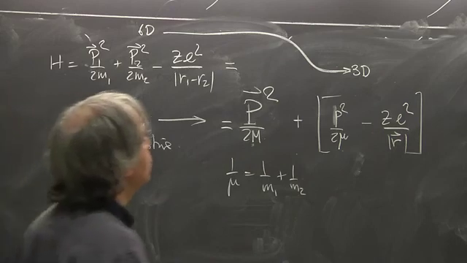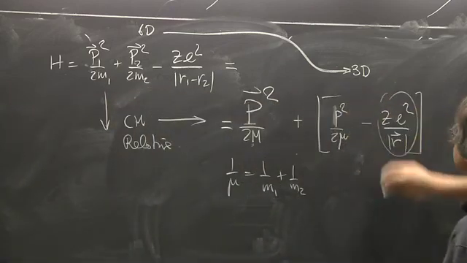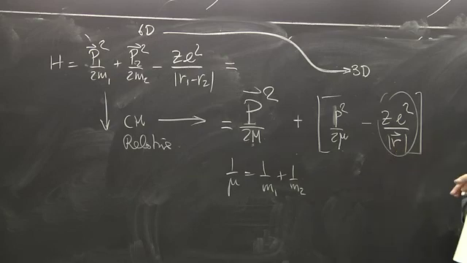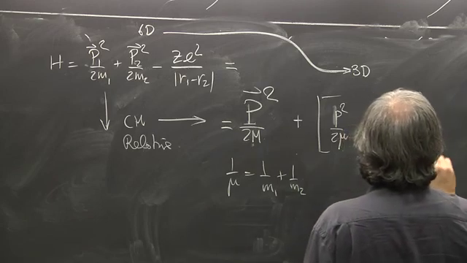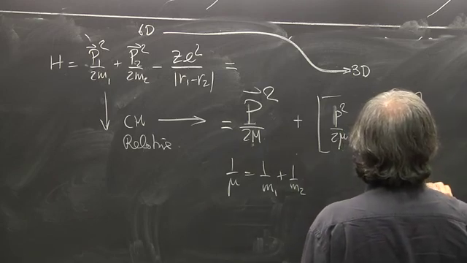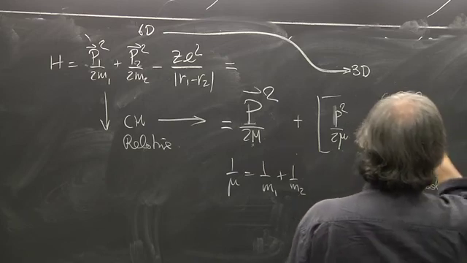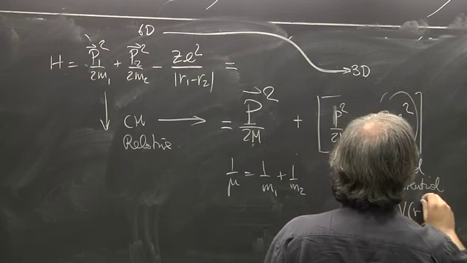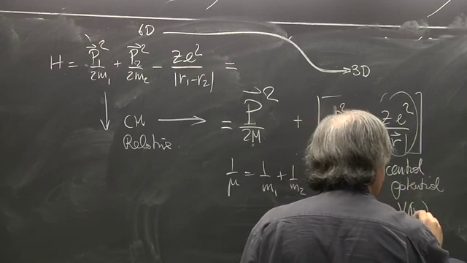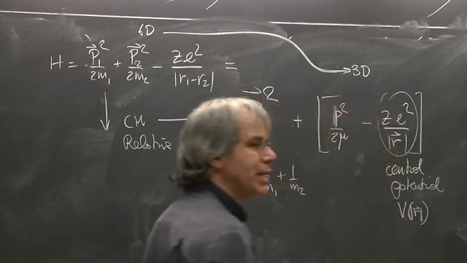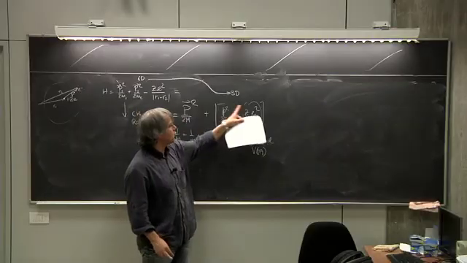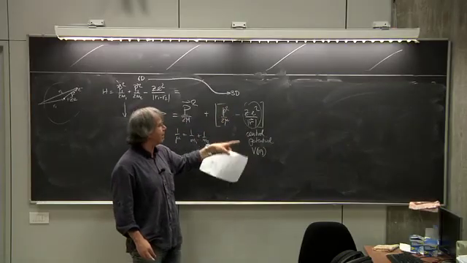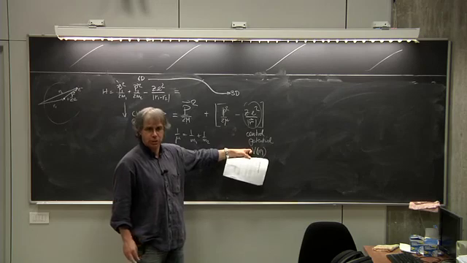Next, you notice that this potential depends not on the angle, but just on the distance between the two particles. It's one of the so-called central potentials. More in general, you could have a potential depending only, again, on the distance, not on the angle. So much of the discussion we will do preliminarily on this problem applies to any central potential.